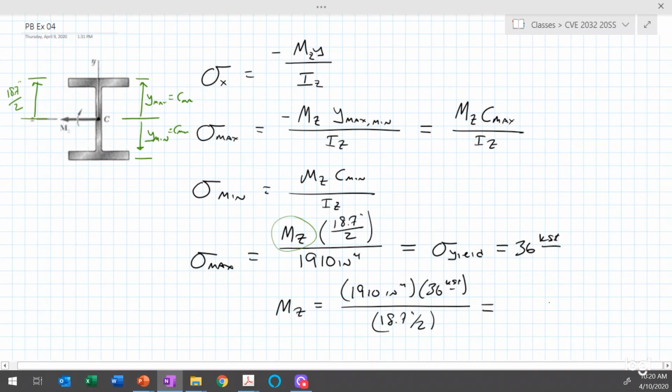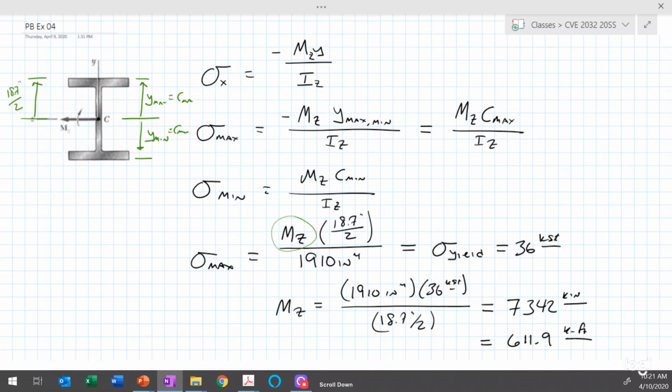And what we get out of that is a moment M sub z that causes yielding that's equal to 7,342 kip inches, or if we convert that to kip feet, then we divide by 12 inches per foot and we get 611.9 kip feet. So that's the yield moment, the moment that causes yielding in the cross section.